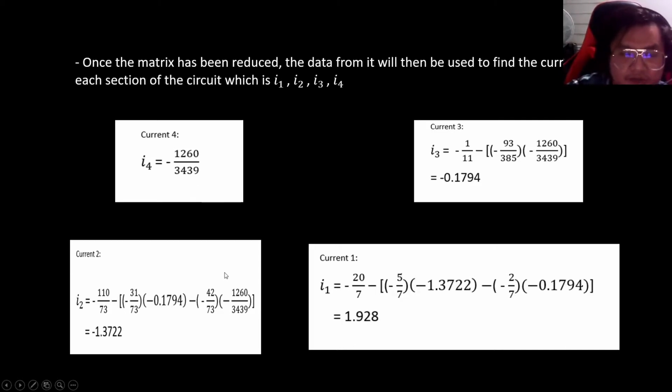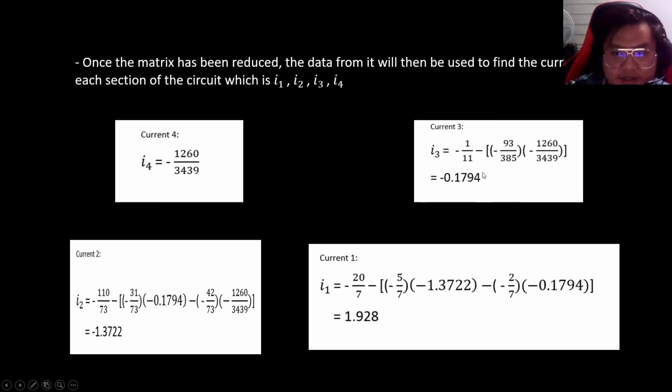We'll be solving it backwards because the current for the fourth section has already been obtained, which is negative 1260 over 3439. The current is negative because the current is flowing in the opposite direction.